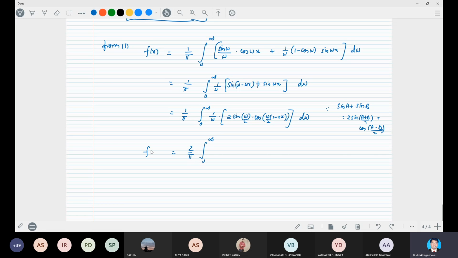What is the f(x) here? The given function. 1 by omega into sin omega by 2 into cos of omega by 2 into (1 minus 2x).